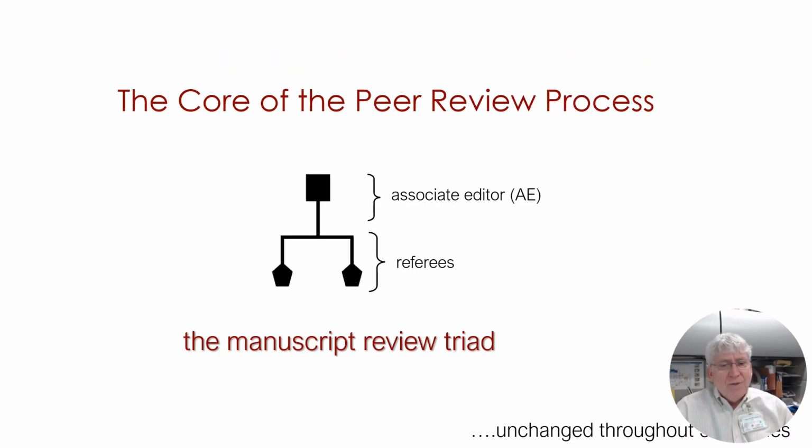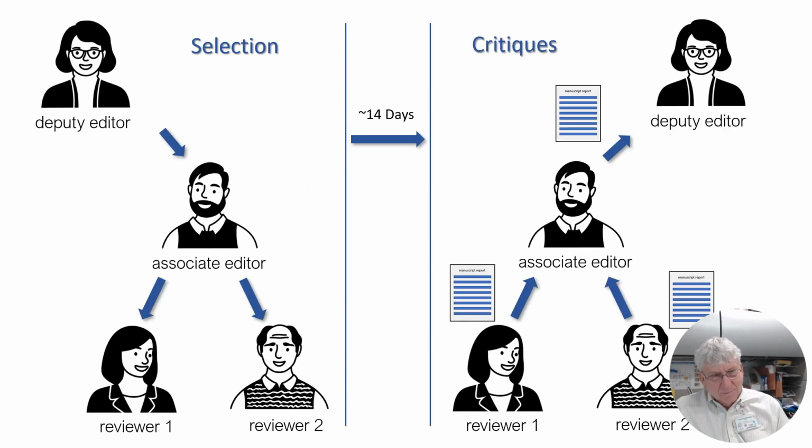So the core of the peer review process has been around for a long, long time. We haven't changed that. That's the associate editor and 2 referees. So that's the manuscript review triad. It's unchanged for a long, long time.